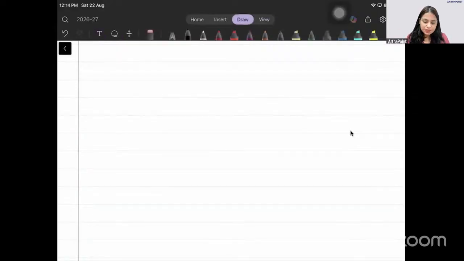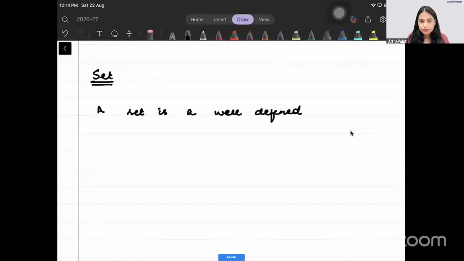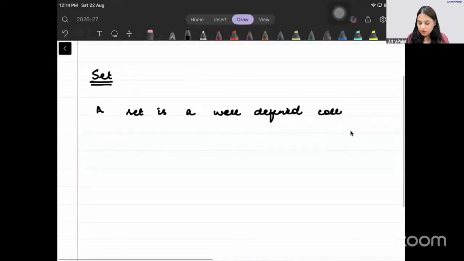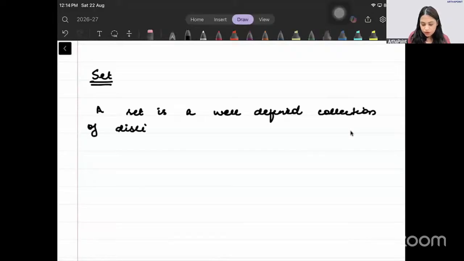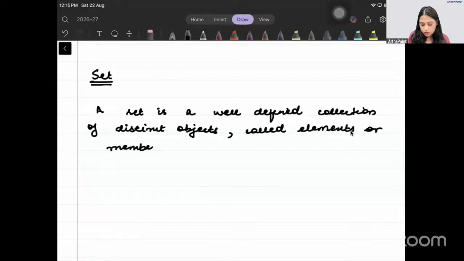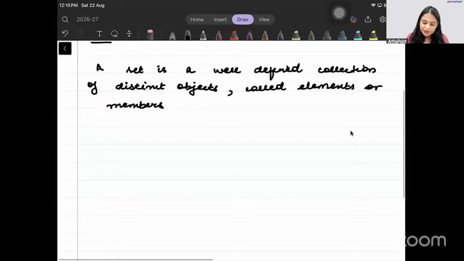Let's begin with the basic definition of a set. So what is a set? A set is a well-defined collection of distinct objects called elements or members.